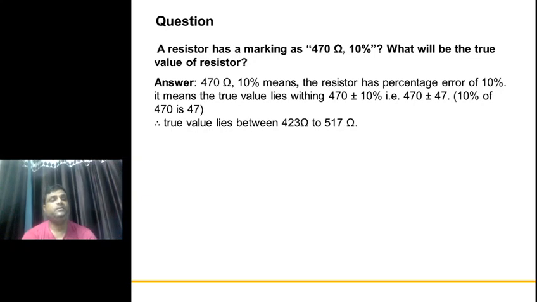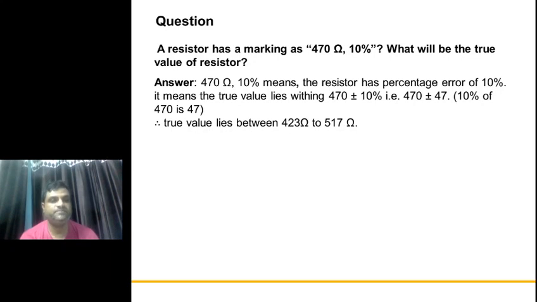Then we move to a simple question. A resistor has a marking of 470 ohm, 10%. What will be the true value? Generally, if we see the data sheet of any resistor, its resistance is marked like 470, 10%. That is the standard procedure to show the resistance value of any resistor when you read its data sheet.